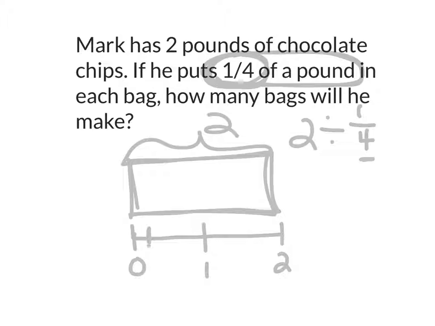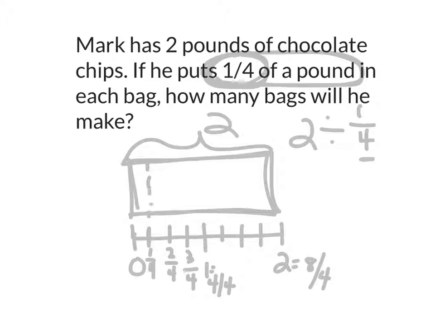So this would be the first one, 1/4. This would be the second one, 2 quarters. This would be 3 quarters. And we know that the number 1 is actually equal to 4 quarters. Here is our 5 quarters, 6 quarters, 7 quarters, and 2 is equal to 8 quarters.